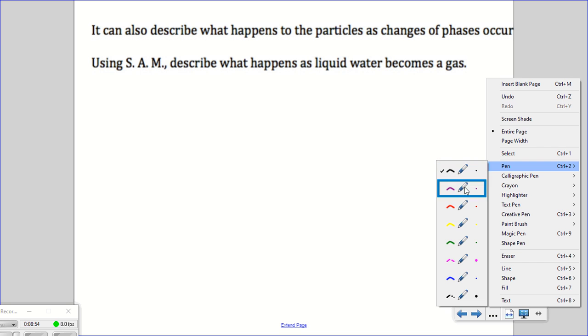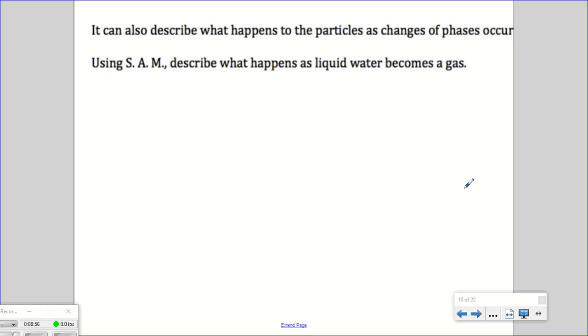So we can write this one out here. So if we have our liquid water, and then remember, if we have our particles here, particles are going to be relatively kind of close together, but they are going to be kind of moving about. And we're talking about liquid water becoming a gas.